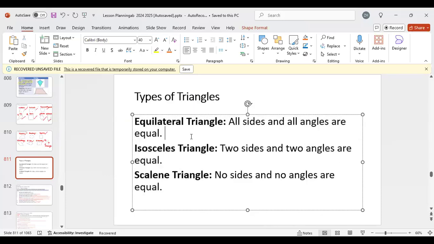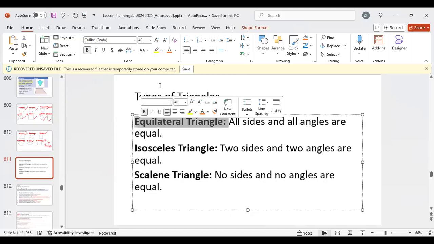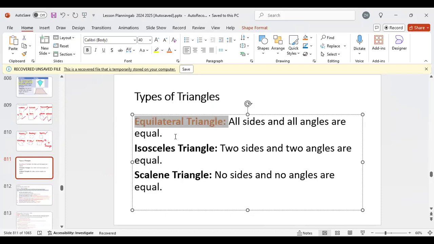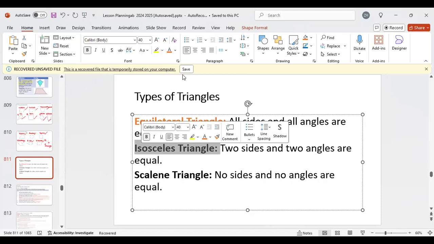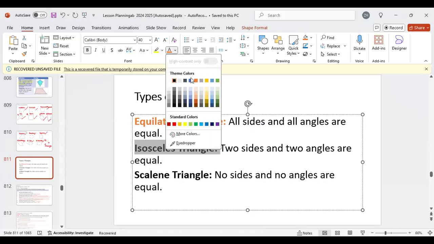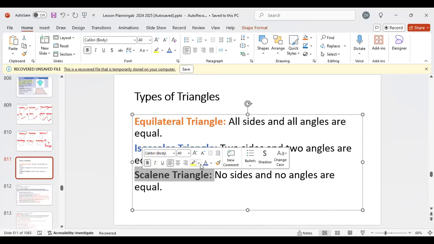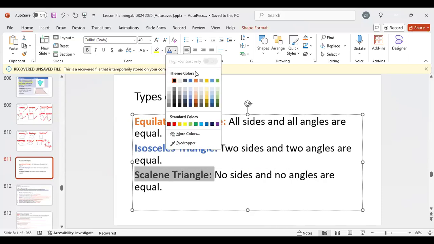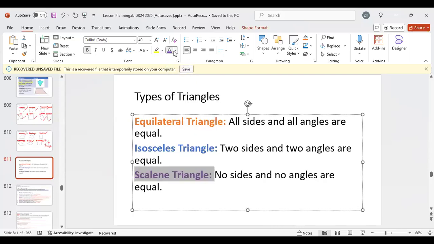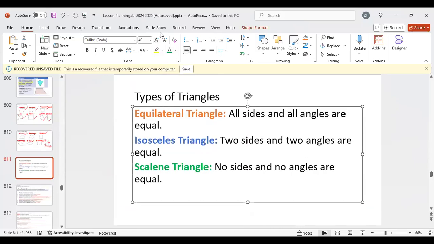All right, these are the 3. I just want to get them out of the way so when we start next week, we don't have to go over types of triangles. We go straight into the rules of geometry.